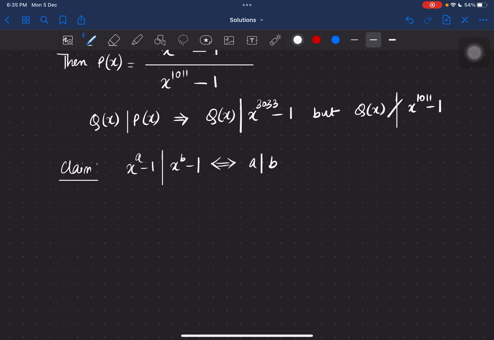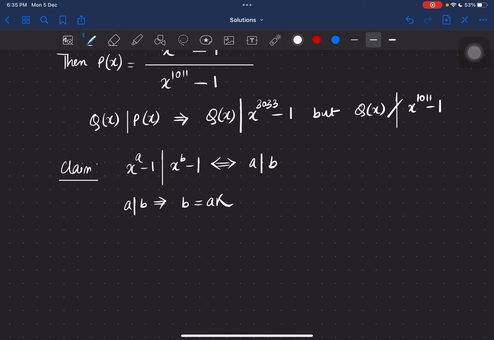Let us prove this claim, it will be helpful for us, and I'll tell you at a later stage why. Suppose that a divides b. Then b equals a times k. So this is true.